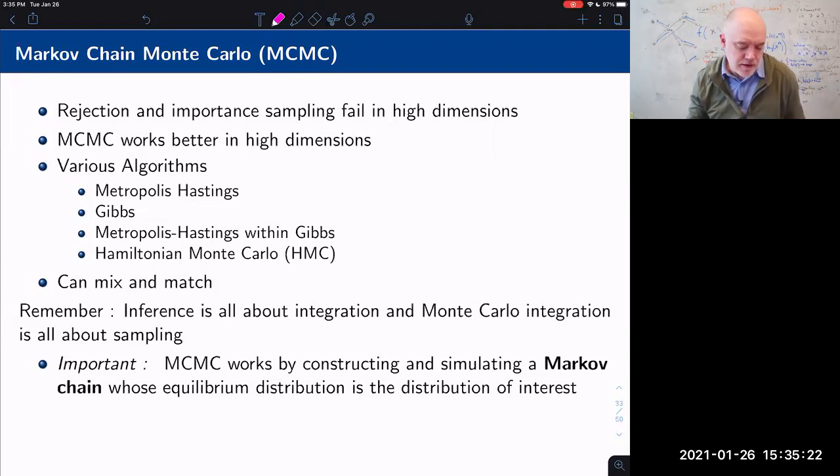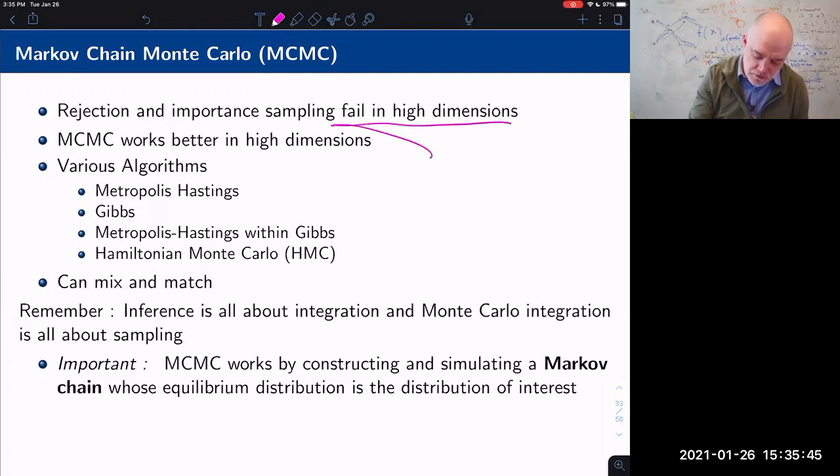One of the reasons why, a traditional motivation for why you need to know it, is that rejection sampling in particular fails in high dimensions or in continuous spaces, unless you're, again, conditioning on being within some set. And importance sampling also fails in high dimensions. Now, I should say that there are some caveats to both of these, right?